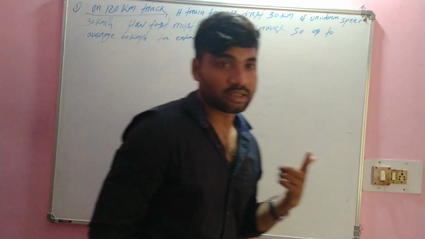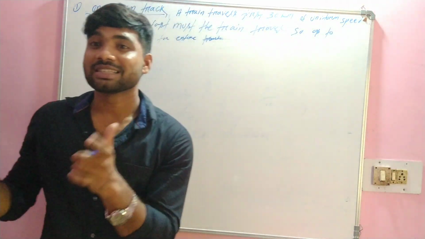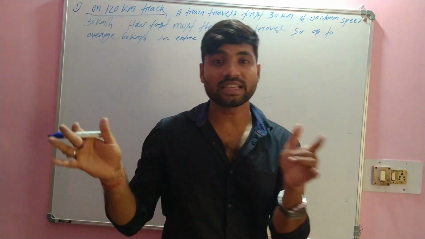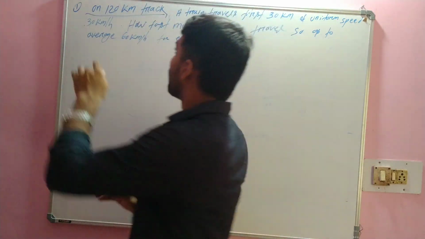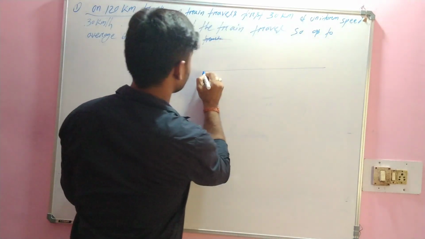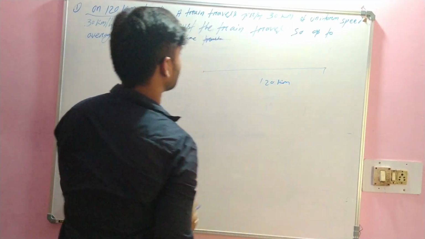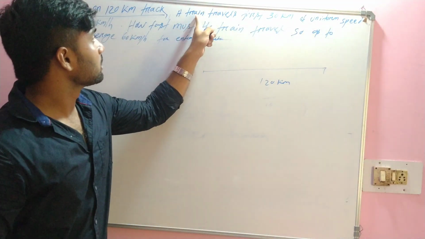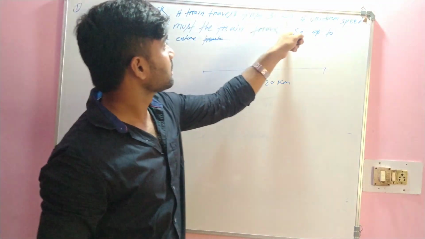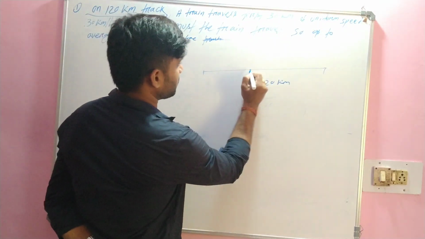When we solve mathematics or any problem, first you have to separate each line. On a 120-kilometer track, here is the track, this length is 120 kilometers.